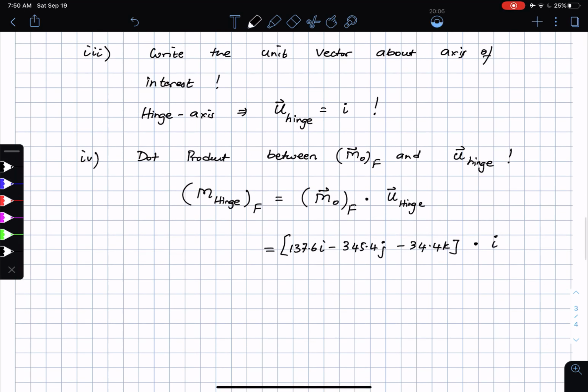Which means that the moment about the hinge is going to be 137.6 Newton meters, and then express it as a vector.